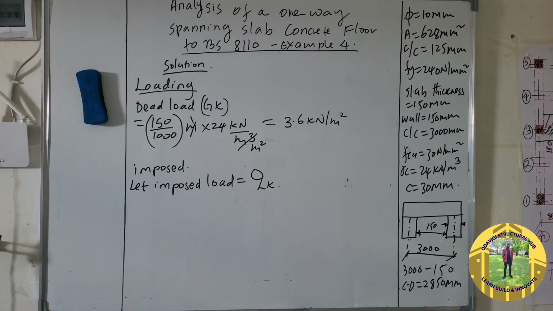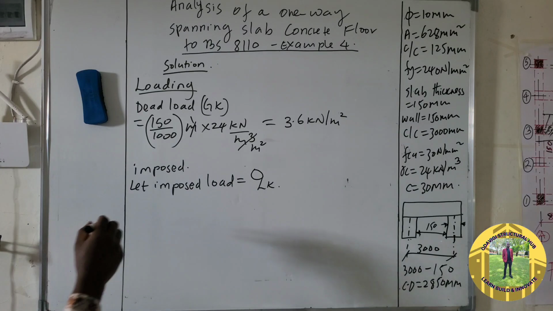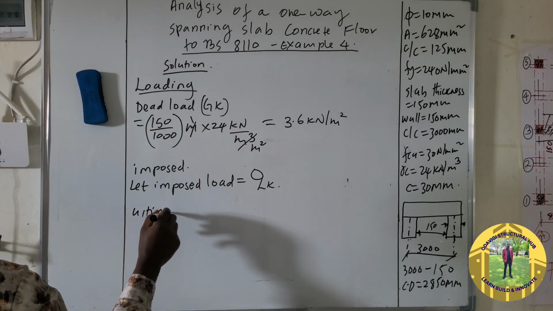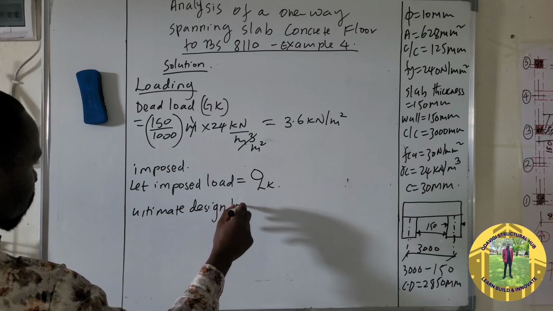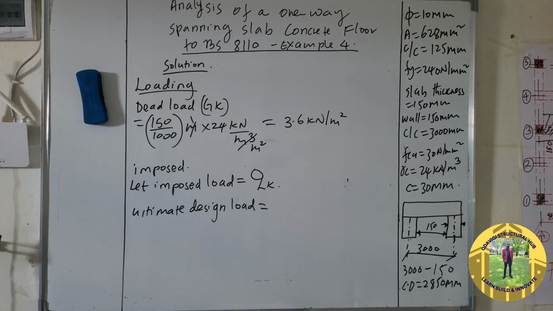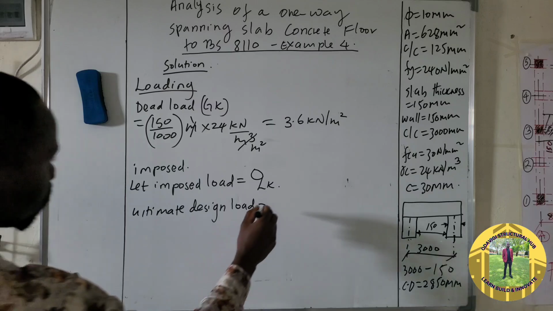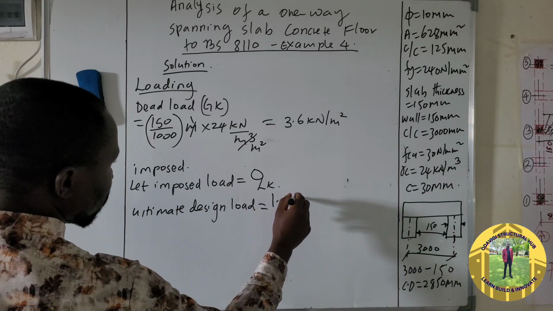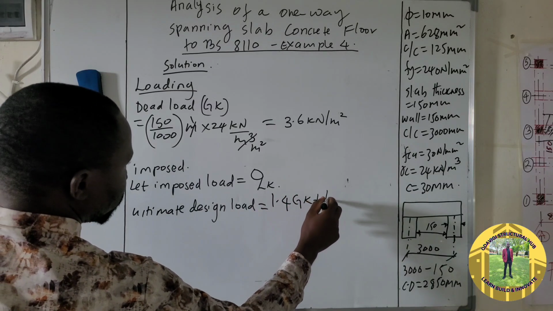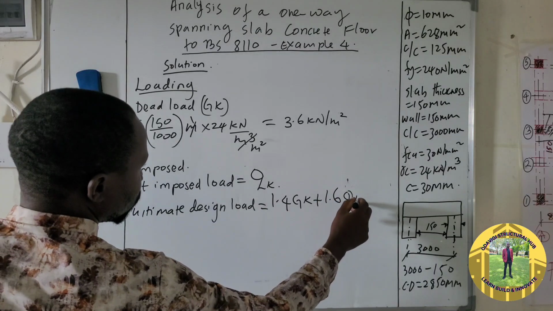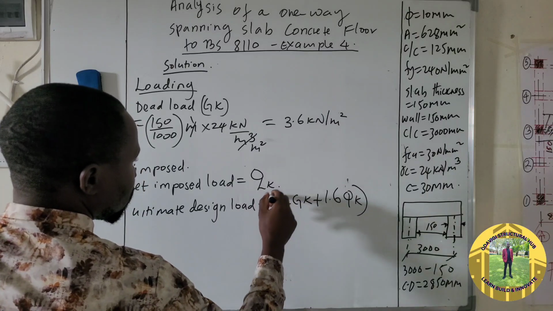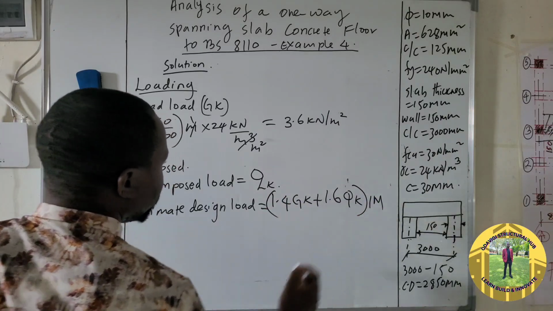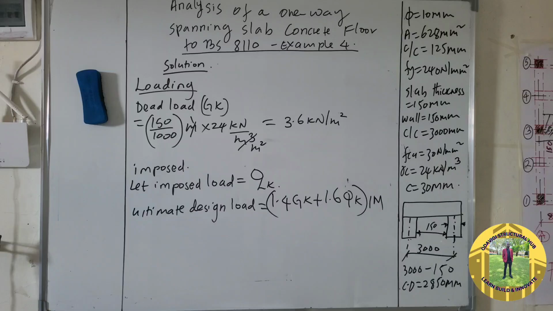So the design ultimate load is equal to 1.4 GK plus 1.6 QK times 1 meter width of the slab.